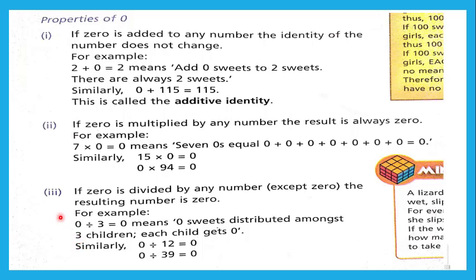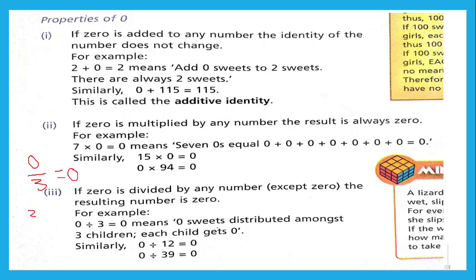But the thing that you need to keep in your mind is that 0 can always be written in the numerator in case of fraction. For example, I can divide 0 by 3. Now 0 by 3 will be equal to 0.